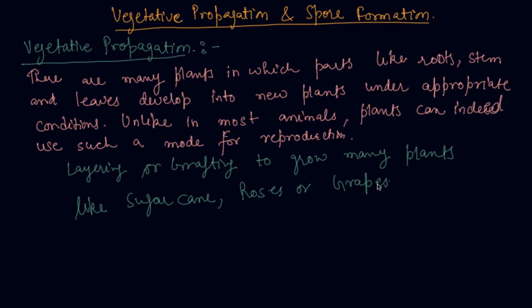Such methods also make possible the propagation of plants such as banana, orange, rose and jasmine that have lost the capacity to produce seeds. Another advantage of vegetative propagation is that all plants produced are genetically similar to the parent plant.